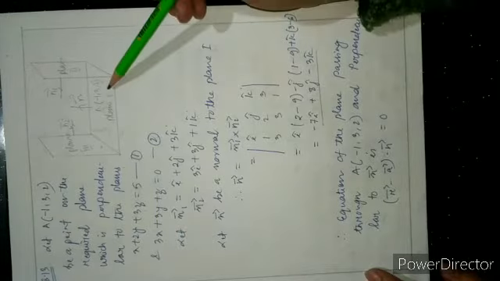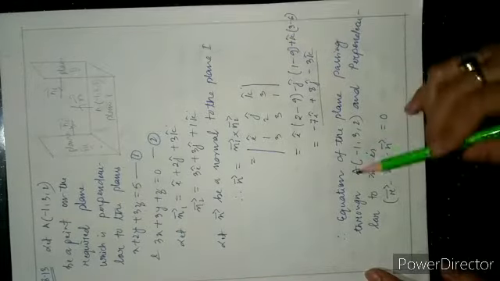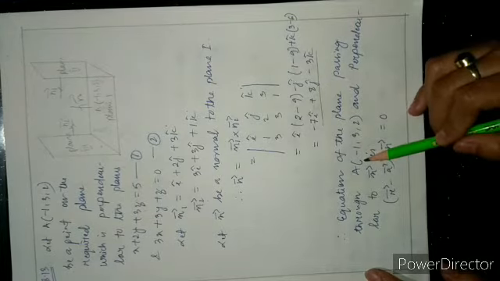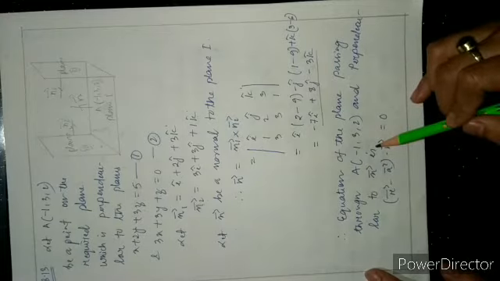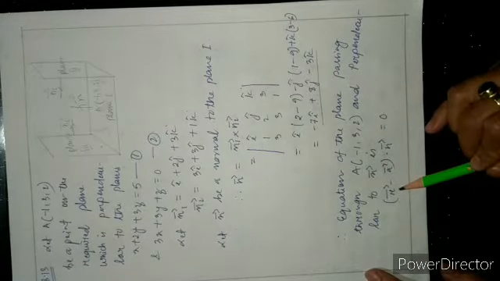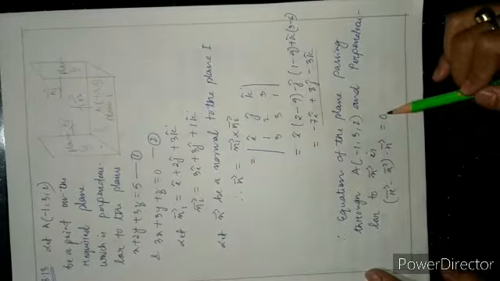Then write the equation of the plane passing through point A and normal to n vector. The equation of the plane passing through point A with coordinates -1, 3, 2 and perpendicular to n vector is given by the point form of the equation of the plane: r vector minus a vector dot n vector is equal to 0.